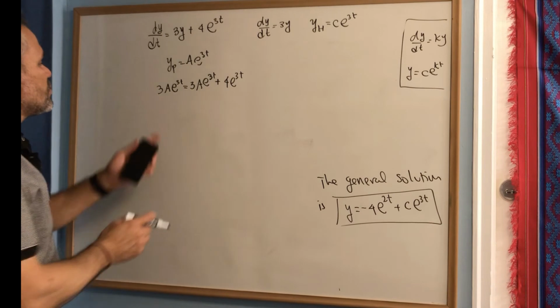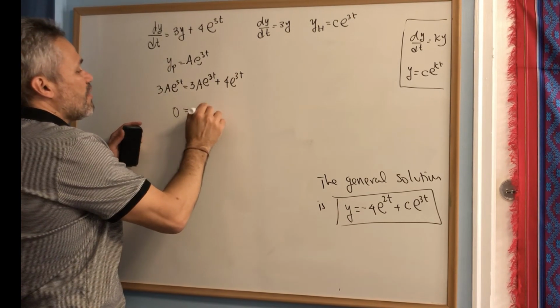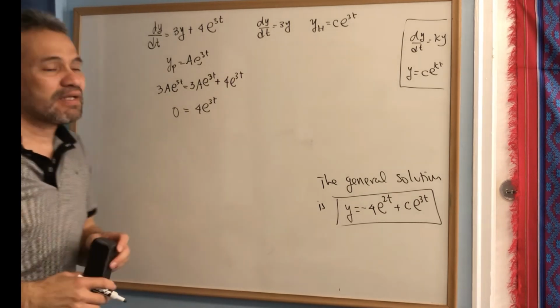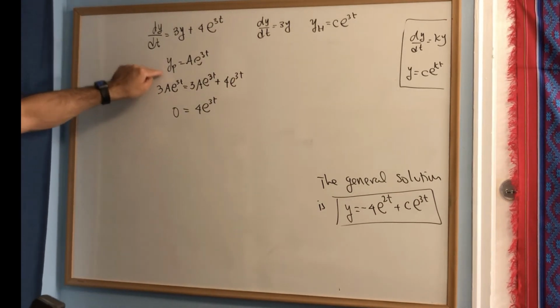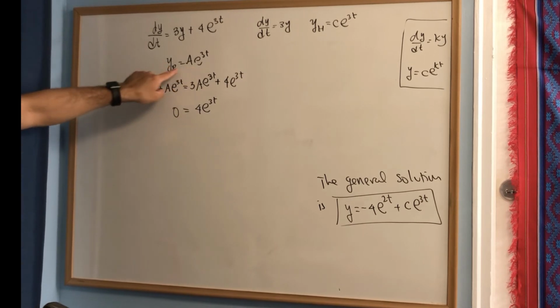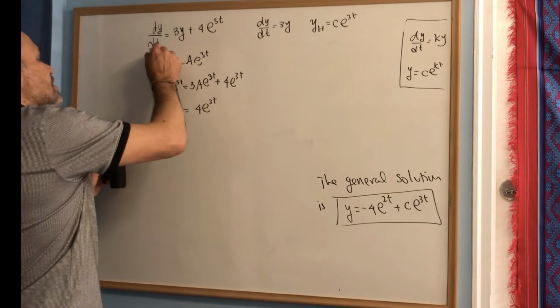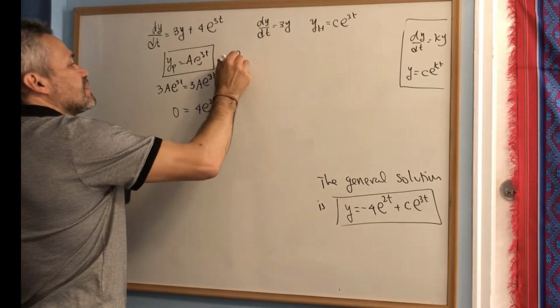Here you see that the a cancels out, and I get 0 equal to 4 e to the 3t. That means there is no such a that makes this work. In this case it didn't work. Why didn't it work? We will see that the reason is this is called the first guess.